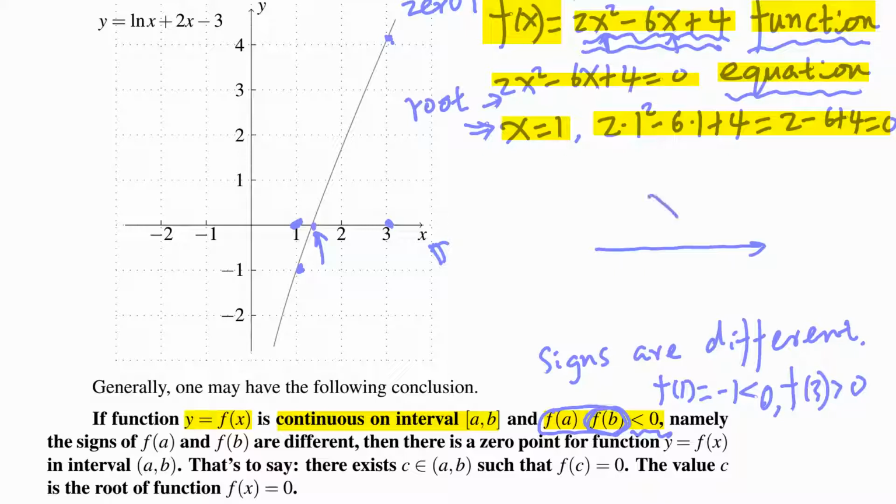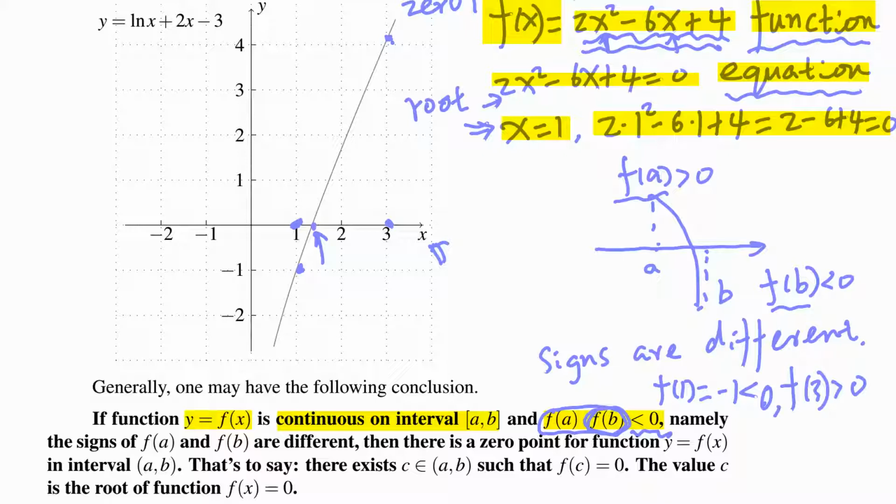A here, b here. f of a can be greater than 0, and f of b can be less than 0. In this case, the product of these two values can still be less than 0.